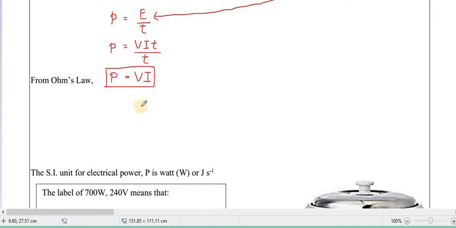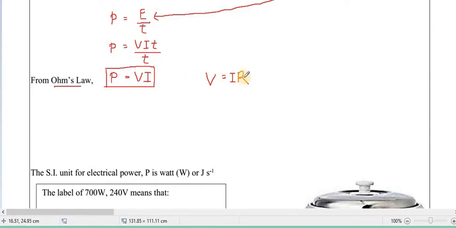So we can combine P equals VI with Ohm's law, V equals IR, to help us find the power when there is no potential difference or no current, but we know the resistance.